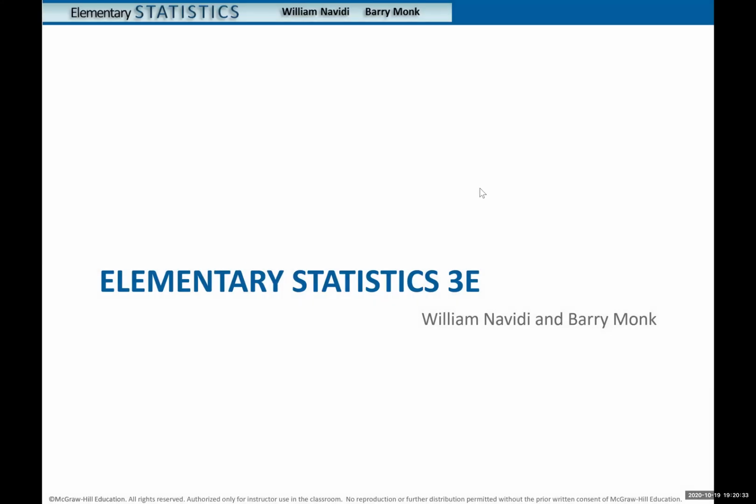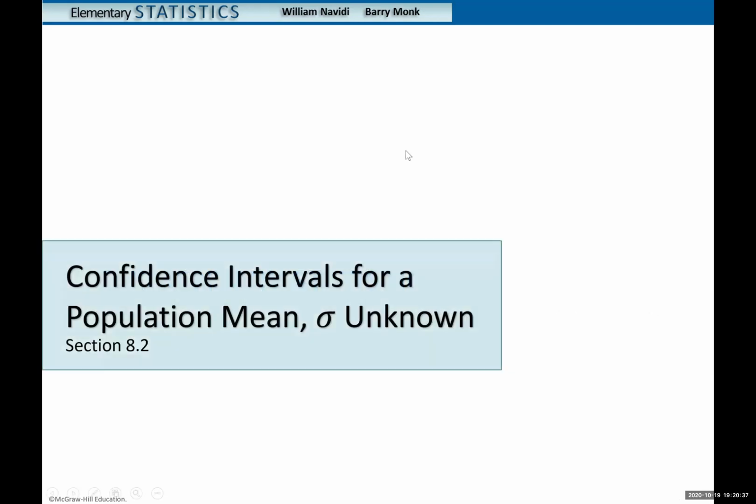All right, so 8.1, remember, population standard deviation is known. This time, 8.2, population standard deviation is unknown. So see the difference between these two sections, but we're still talking about the population mean. And these are the objectives.